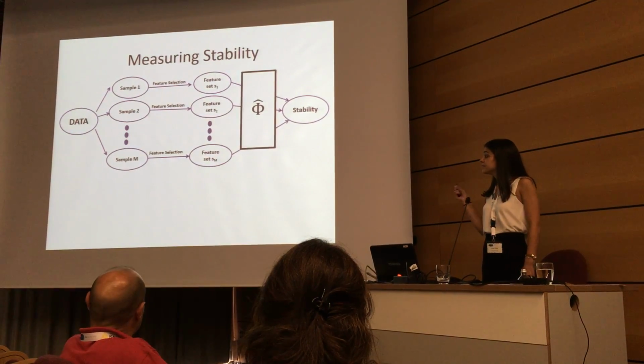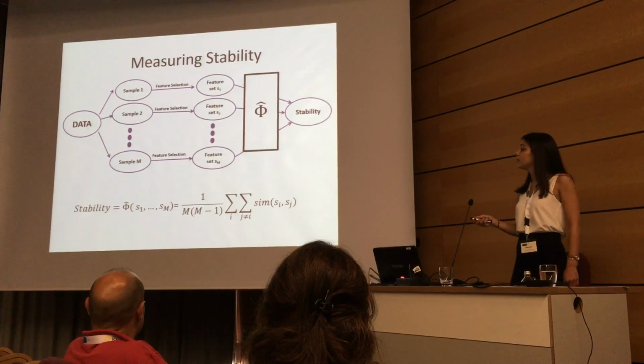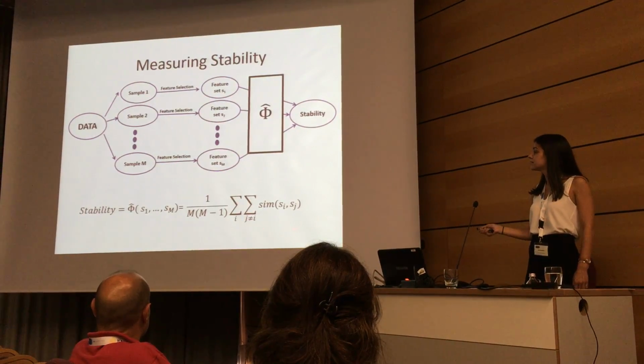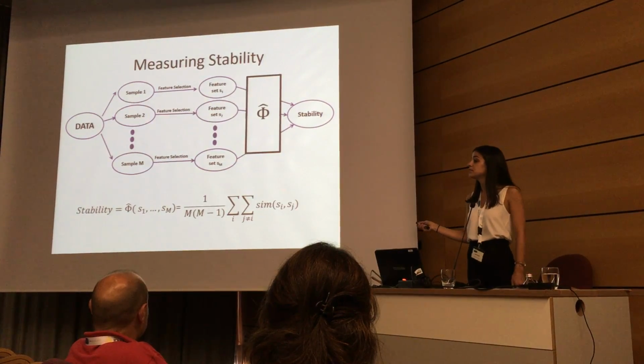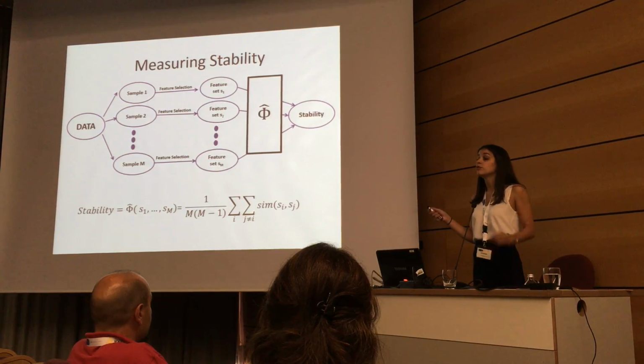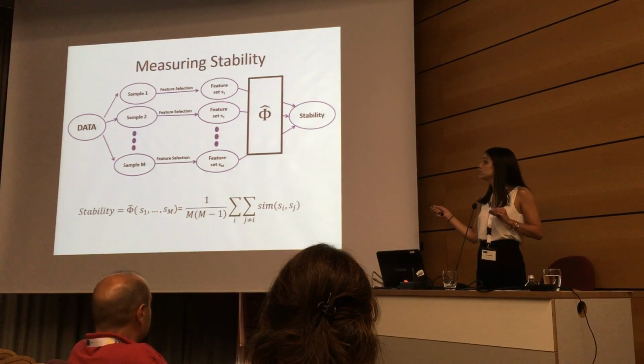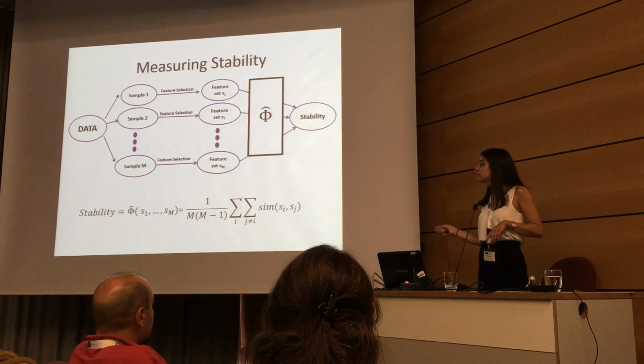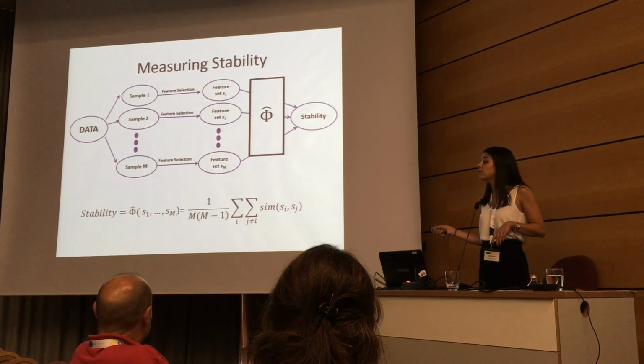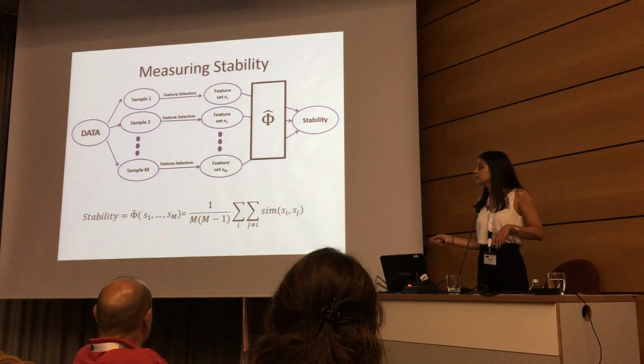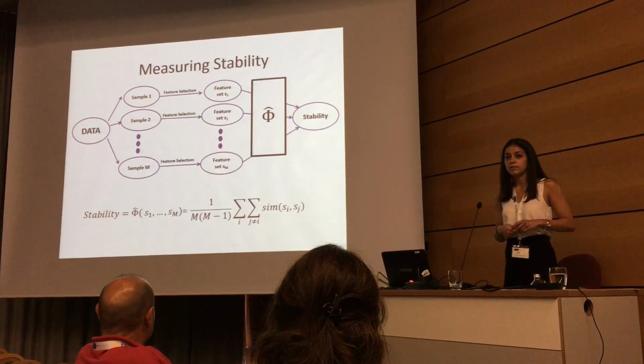So in most cases, what happens is that people pick a similarity measure that will measure the similarity between two feature sets and then take the average pairwise similarities as a stability value.